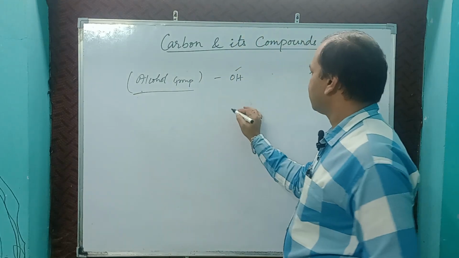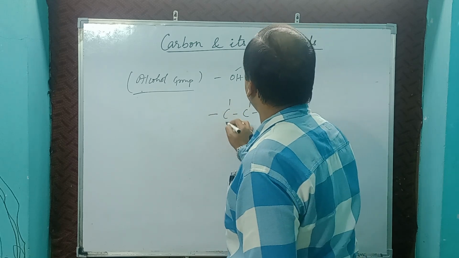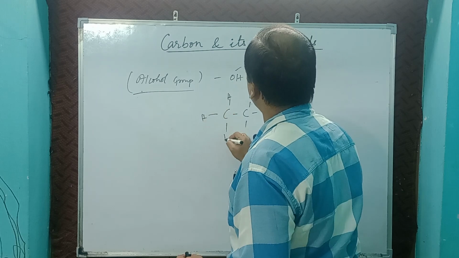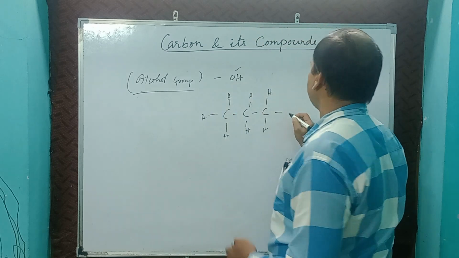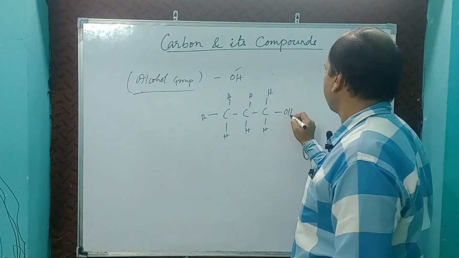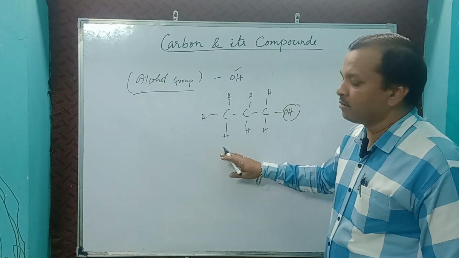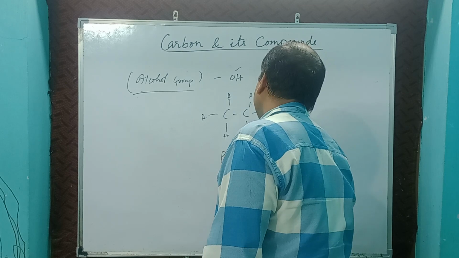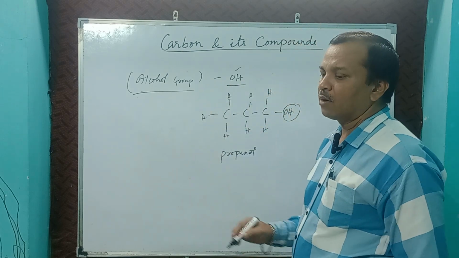Same structure we will take, C C C with all H. Instead of this H, if OH is there, then it will become propanol. OH means it is alcohol.